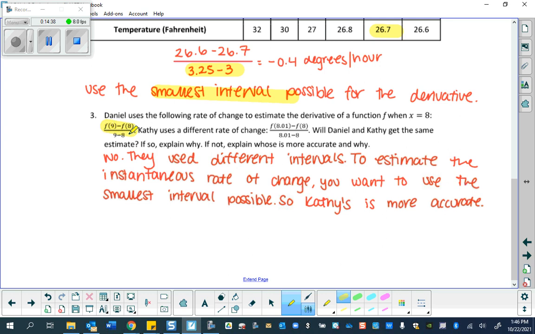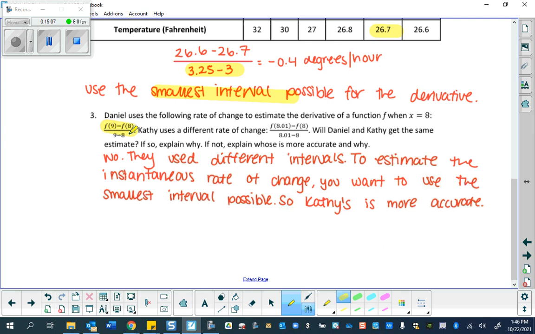So Kathy uses a different rate of change. Notice instead of having an interval of 1, like Daniel, what is Kathy's interval? What is it? Yeah, it's 1/100. So Kathy is looking at a much closer, a smaller bite of the x-axis, if you might describe it like that.